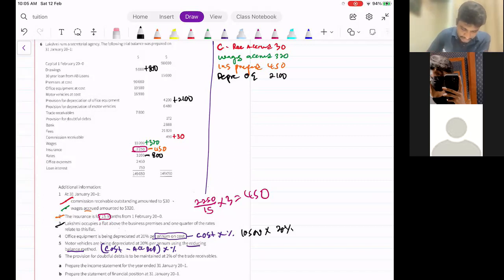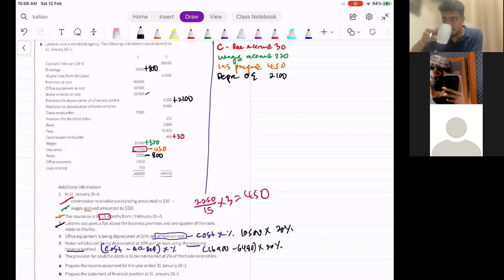Next one is motor vehicle depreciated 20%. Motor vehicle is 16,900 minus 6,480 times 20% also. 16,900 minus 6,480 times 20%. I get 2,084. Okay. Calculate again, try.